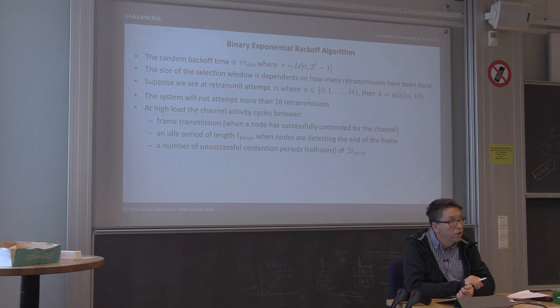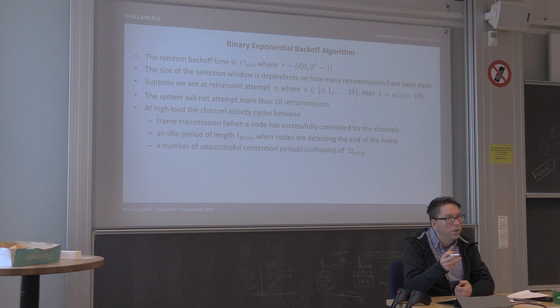If I detect a collision, then I stop transmitting and back off. So when we're in backoff, that means we have detected a collision, which means that I and at least one other node are trying to transmit at the same time, so I and all other nodes need to wait a little bit before we try again.